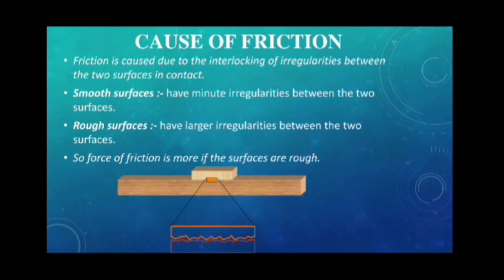And when a spring balance is held horizontally, it can be used to measure the force being applied to pull the object on a horizontal surface. Whatever the magnitude of force, it is measured in newtons, and that particular magnitude is actually the magnitude of frictional force.